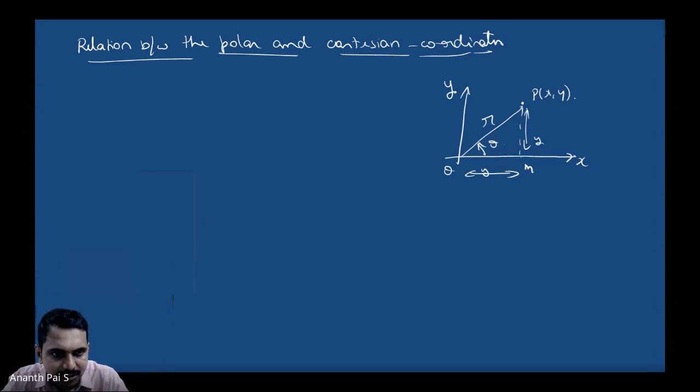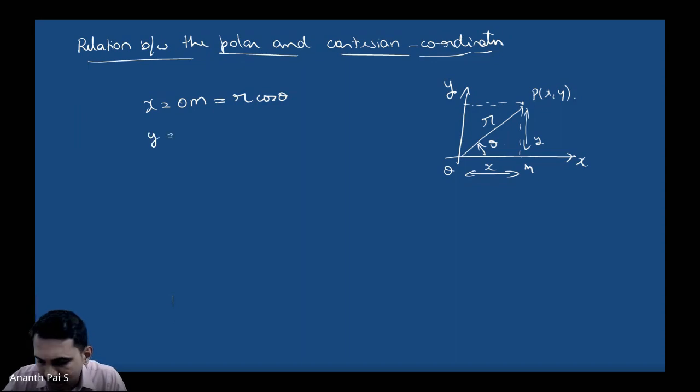So this is x distance. X distance is equal to OM, which is equal to r cos theta, correct? Why r cos theta? Because cos theta is adjacent by hypotenuse.